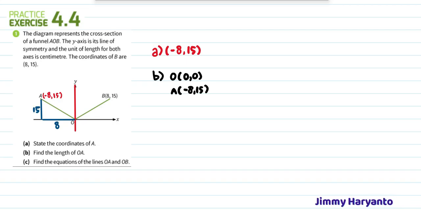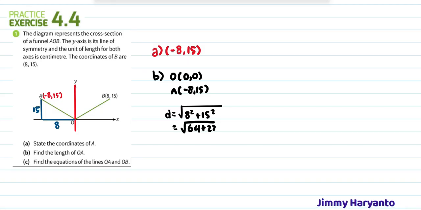That means the length of OA will be the square root of 8 squared plus 15 squared, which is 64 plus 225 equals 289, and it's 17 units.